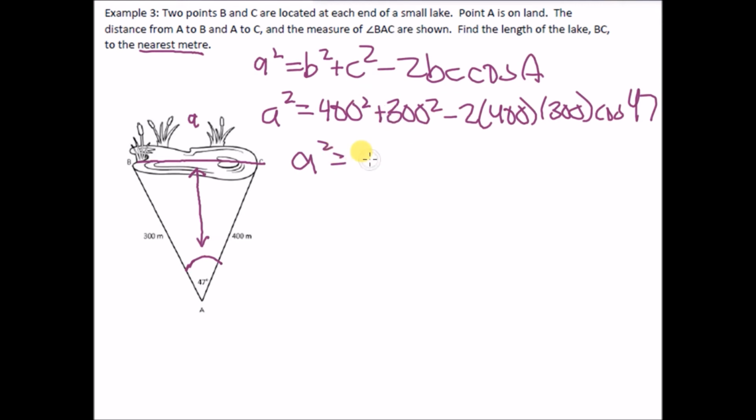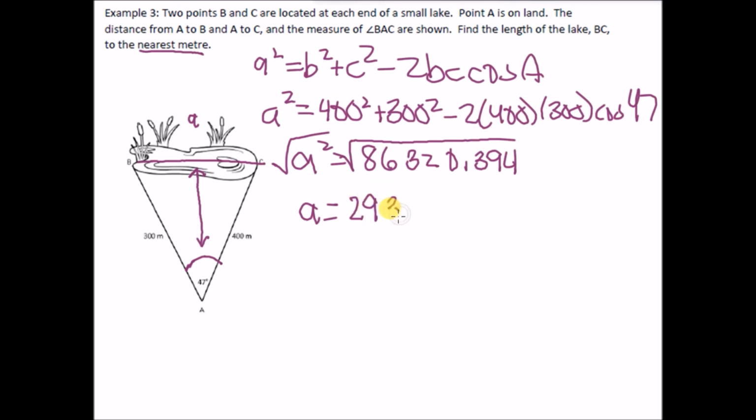I get a really big number. I get 86,320, and then there are some decimals, 394. When we root both sides, we get A equals 293.8, and we want it to the nearest meter.